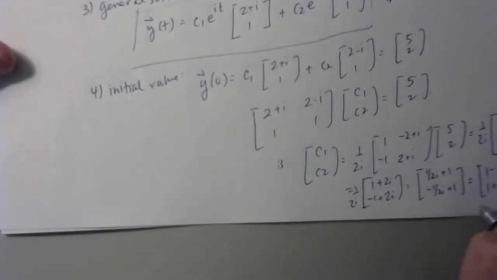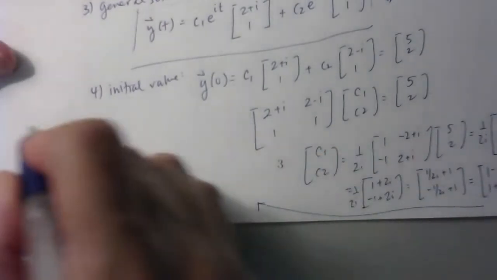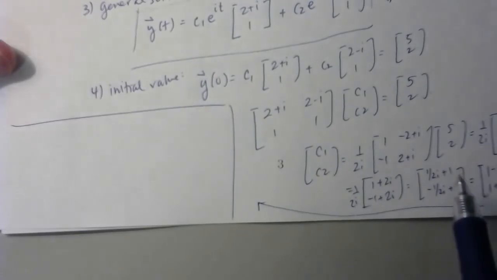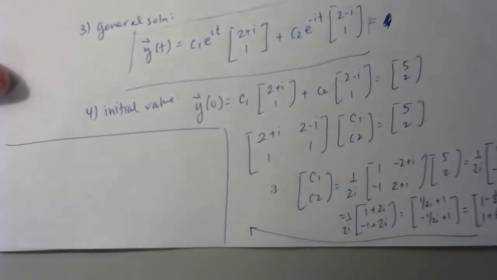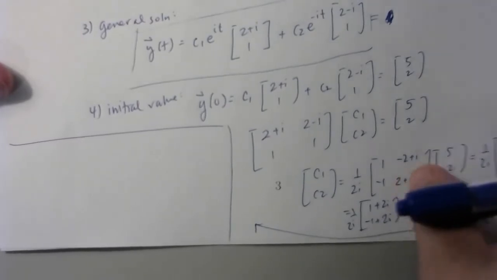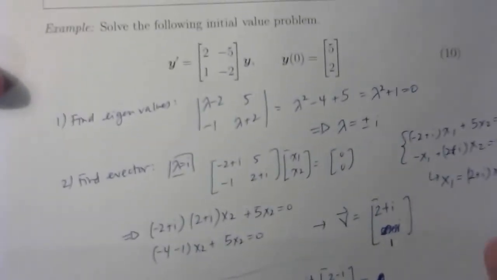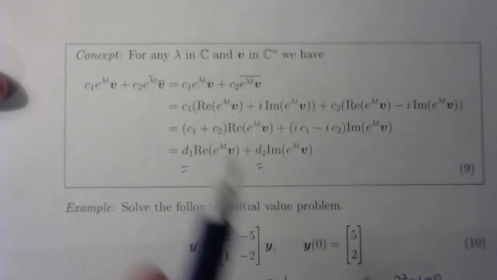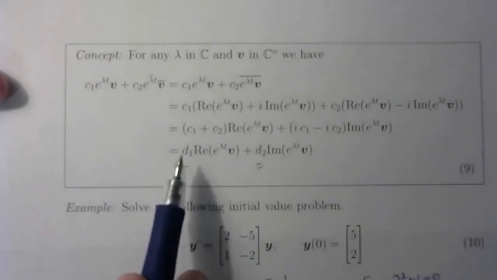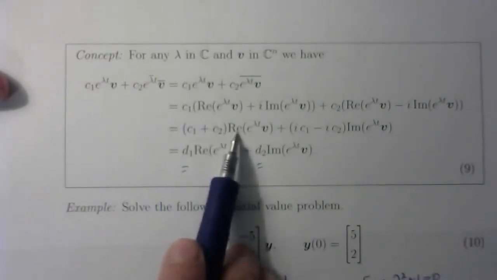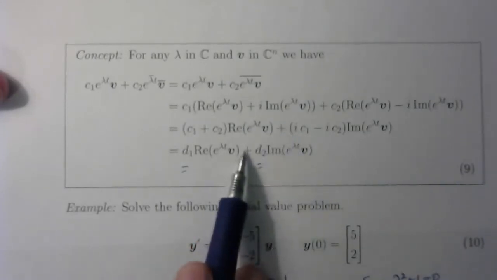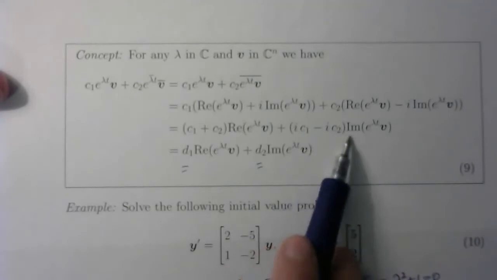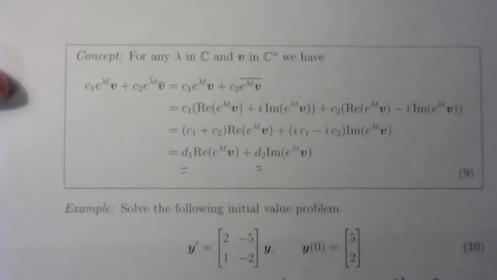Great. So how is this helpful with what we learned above? Because now I have some complex looking function in the box here and complex looking coefficients. Certainly doesn't look real, but by equation 9, way upstairs here, I know that I can write this as C1 plus C2 times the real part plus I times C1 minus C2 times the imaginary part.